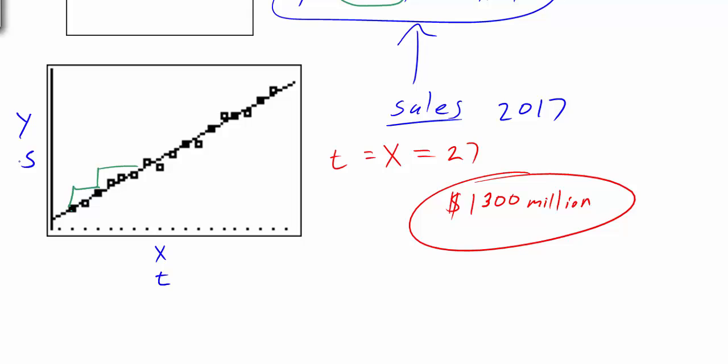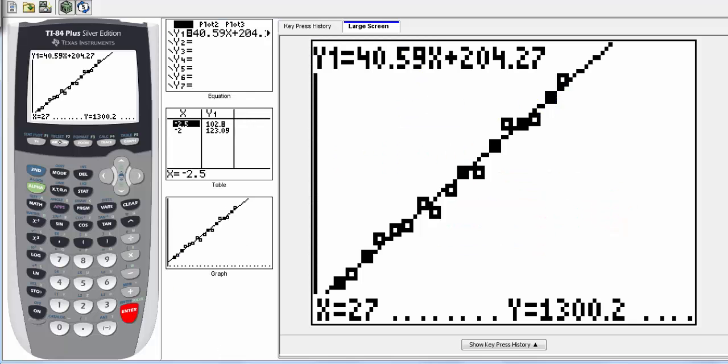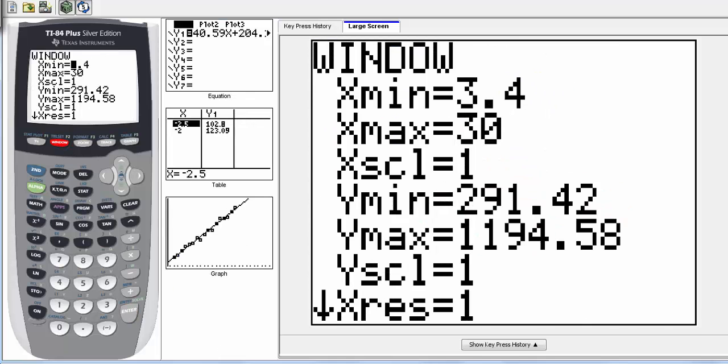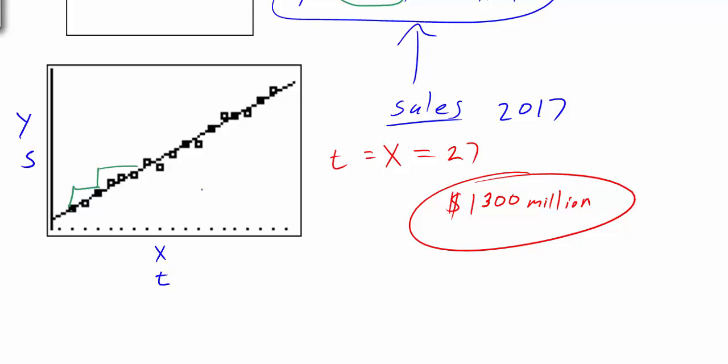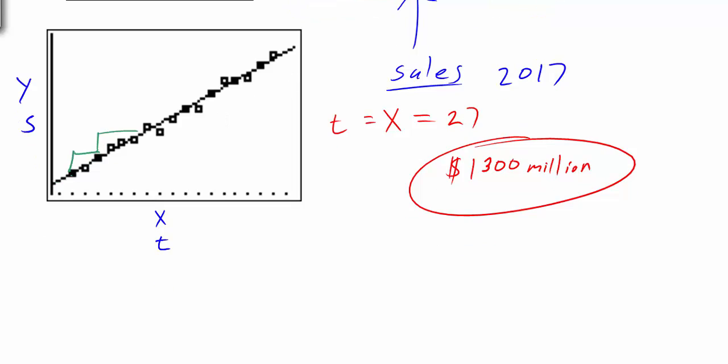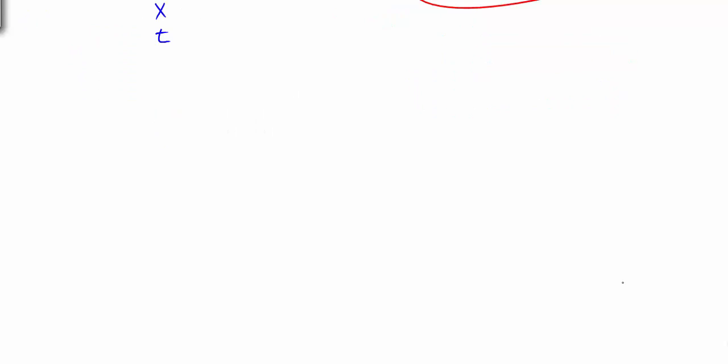Keep in mind if you're trying to match this up with a multiple choice question on a quiz or test, the best way to do that is go into your window, and under the window for your x minimum and maximum and y minimum, y max, set the window to match the different scales that they have on your multiple choice question.